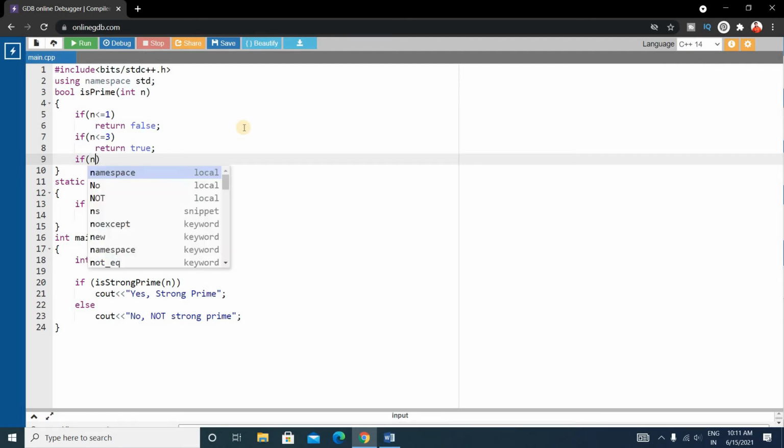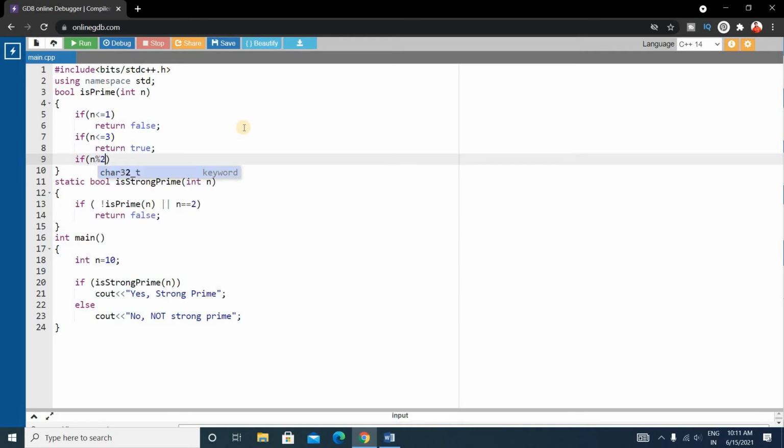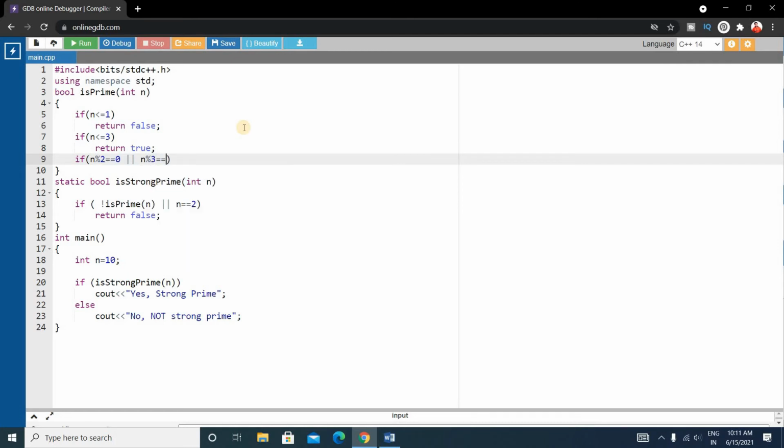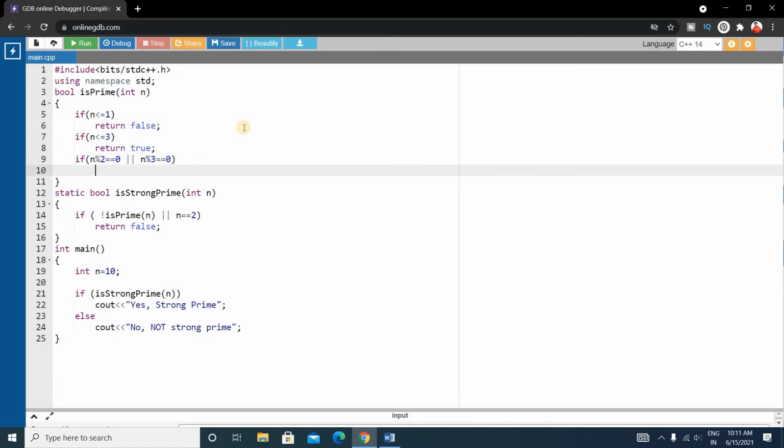So for that write here n % 2 == 0 or n % 3 == 0. So if this is so, then we'll return false.